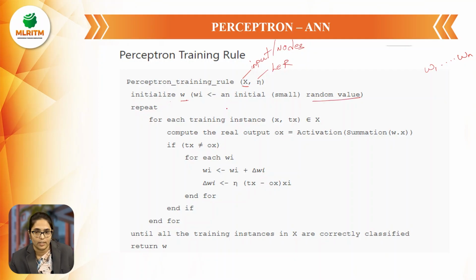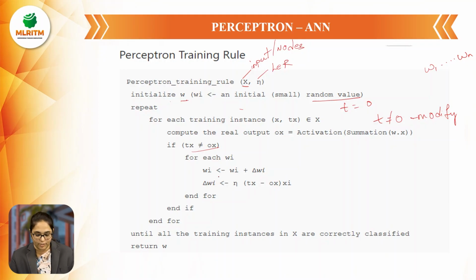Next, if the targeted output is equal to the actual output, we stop the process. If the targeted output is not equal to the actual output, then you are modifying the weights, for each and every training instance x. T of x represents the targeted output.